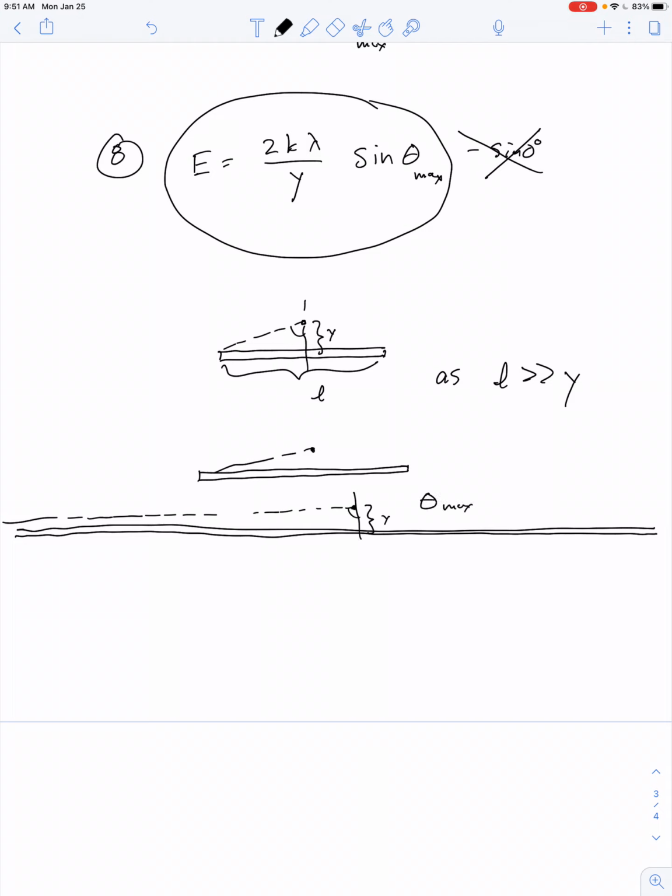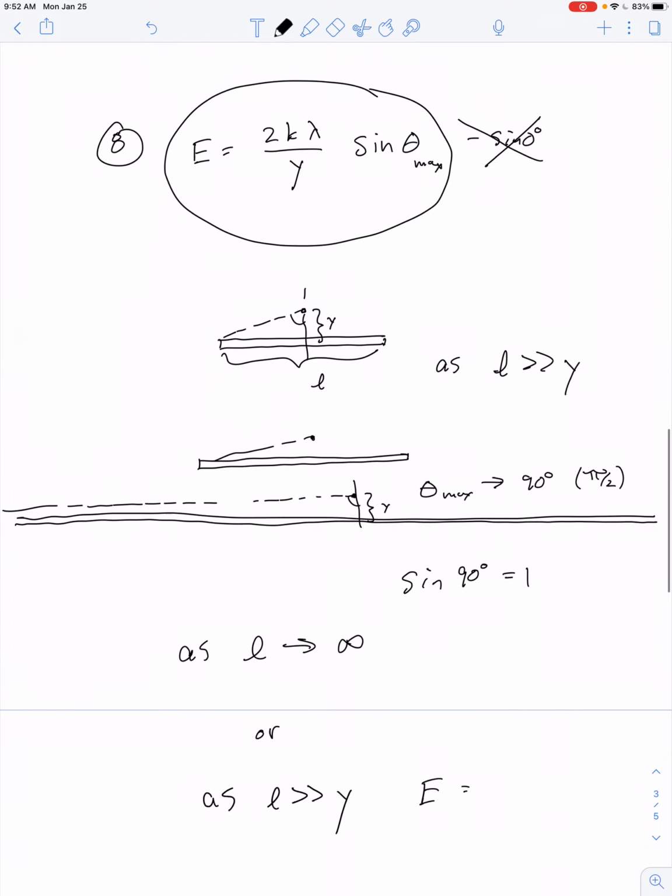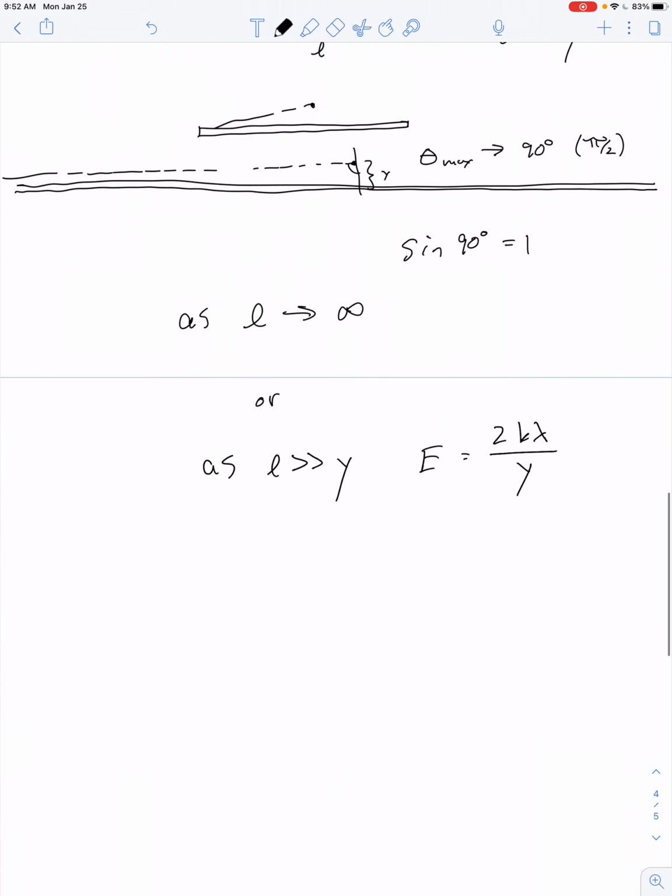That means theta max is approaching 90 degrees, or pi over 2 if you prefer. And the sine of 90 degrees is equal to 1. So as the length, we can either say as the length approaches infinity, or alternatively as the length just becomes much, much greater than the value of y, then the equation just reduces down to E equals 2k lambda over y.